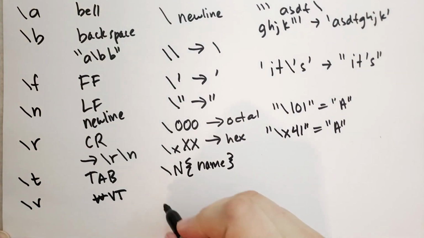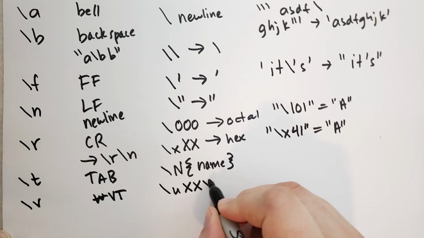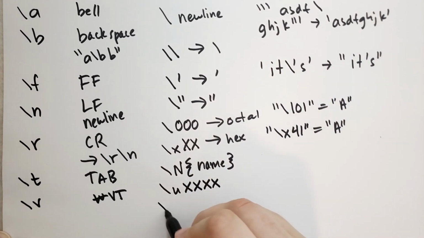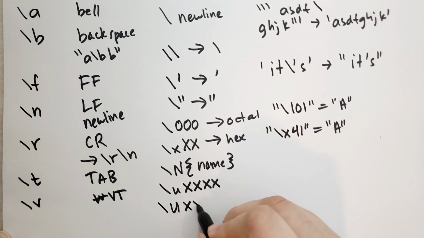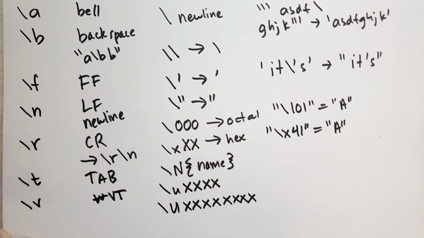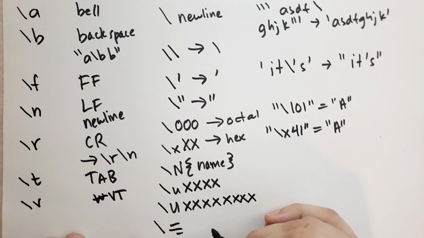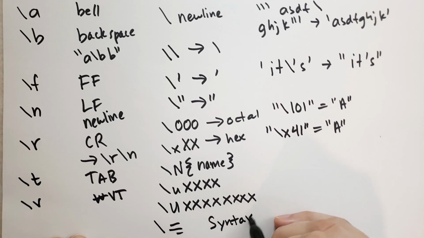You can include 4-digit Unicode code points with lowercase \u followed by 4 hex digits. And you can use uppercase \U with 8 hex digits for 32-bit code points. In Python, if you have backslash followed by anything else, it's left as is. However, right now that'll raise a warning, and in the future, that'll be considered a syntax error. So I recommend you don't do that.